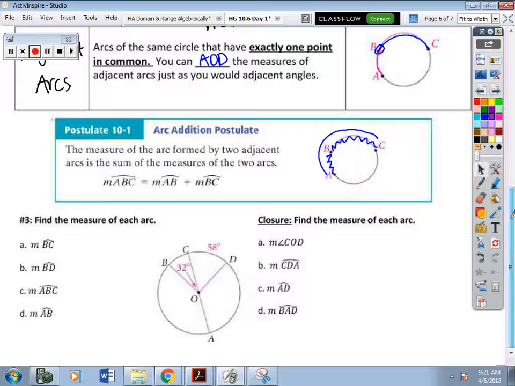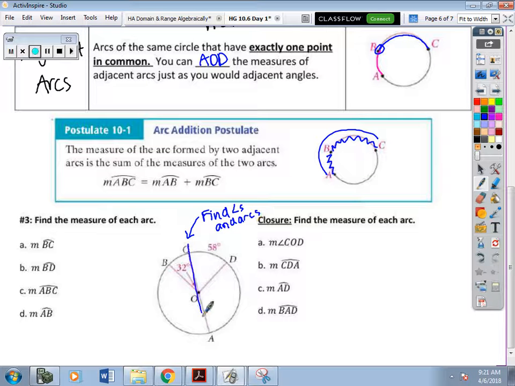So down here we have some measurements given to us. Before you start finding, and these are supposed to be arc symbols, they kind of look like V's, but they're supposed to be arc symbols. First thing you might want to do is just go to the picture and find all the angles and the arcs using addition and subtraction.